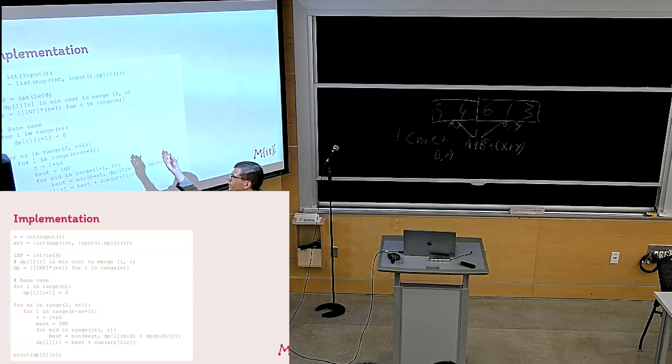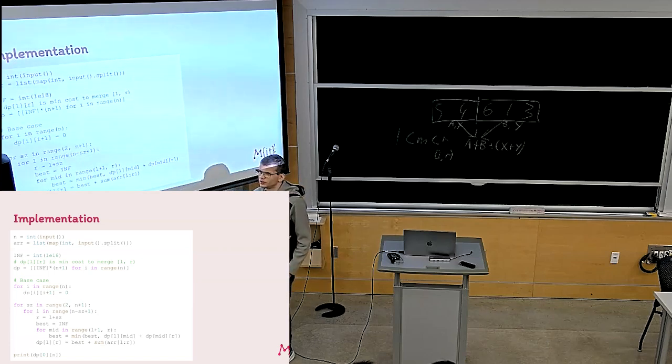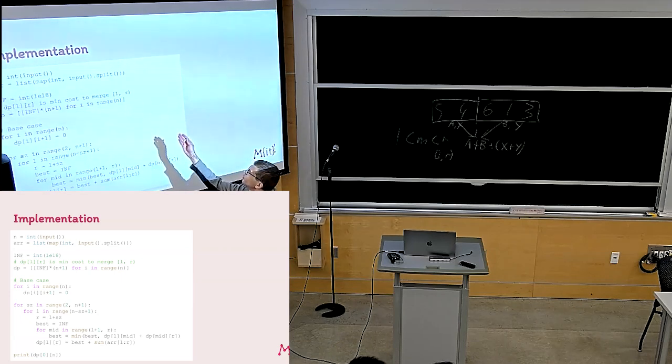I set that to 10 to the 18, because the specific problem I implemented, which will be on the problem set, says that all the slimes have size at most 10 to the 14 or something, and I concluded that the maximum answer will never be more than that. And then I define my dp table. Initially, I initialize that with all infinities, although I don't think that's actually necessary because I recompute everything anyways.